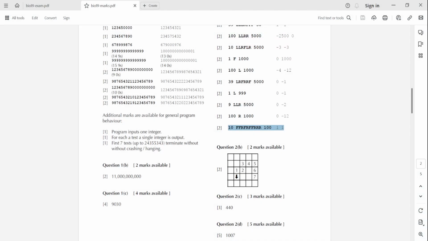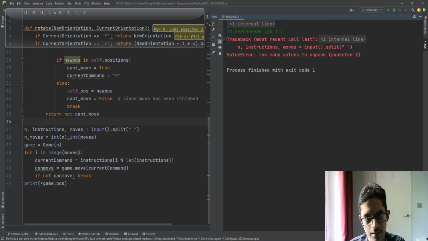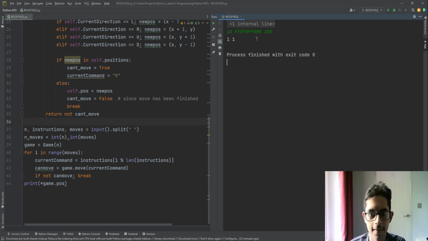Oh, I think I accidentally copy-pasted a bit too much. We just need to copy-paste this. Okay. And we get 1, 1 from the program, which we can see is indeed correct.